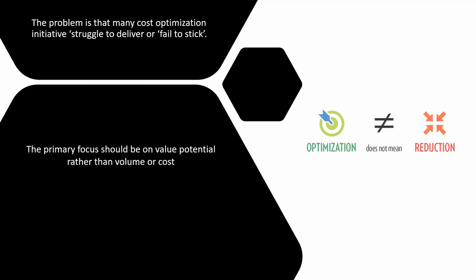We do not think about maximizing potential and adding more value to the business. That's why we struggle to deliver, or when we start the optimization process, we fail to stick, because not all the company members and stakeholders will be on the same page.